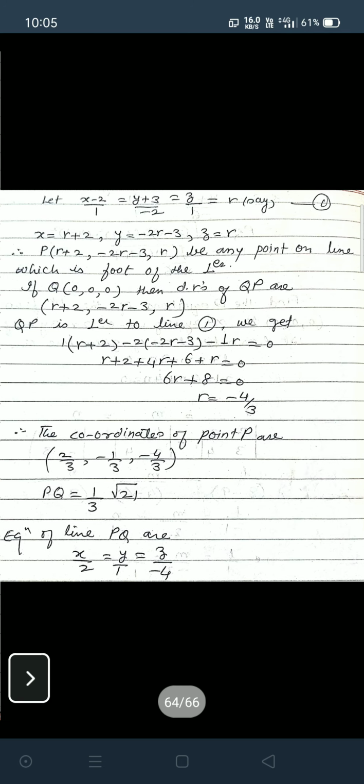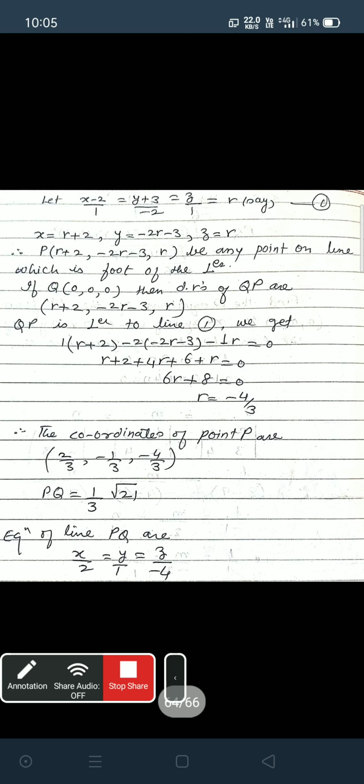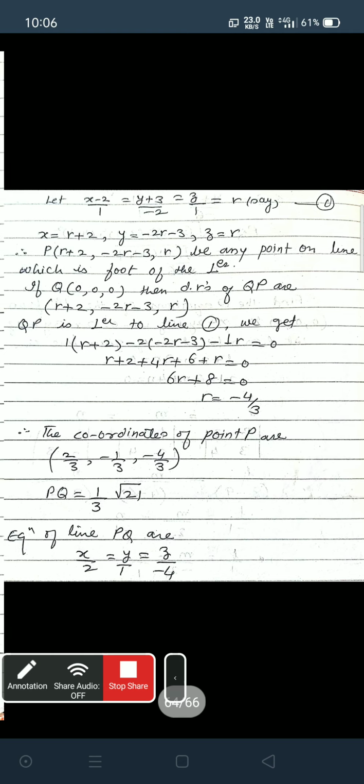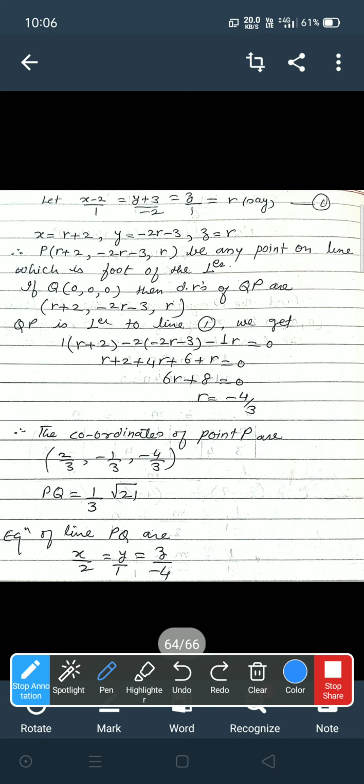Then we have r = -4/3. Therefore, putting this value in, the coordinates of point P are (2/3, -1/3, -4/3). And PQ = (1/3)√21 by using the distance formula. The equation of the line PQ is x/2 = y/-1 = z/-4.